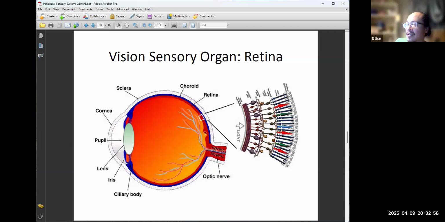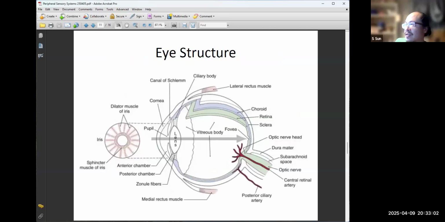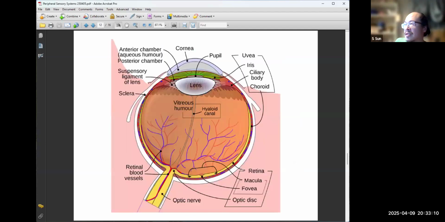This is called the fovea. Let me show you the name here, fovea. So that is the fovea. Surrounding it is called the macula. So this one is the fovea, and this surrounding region, this larger area, is the macula.